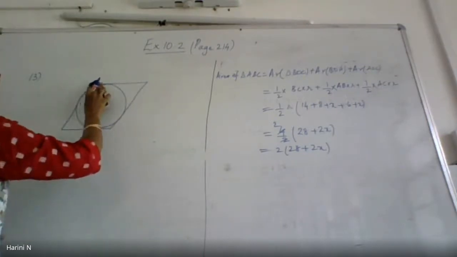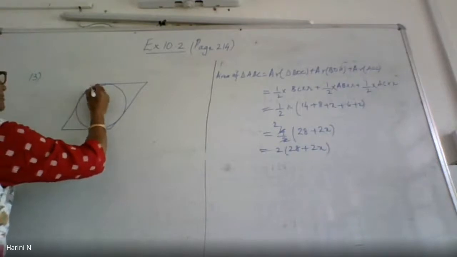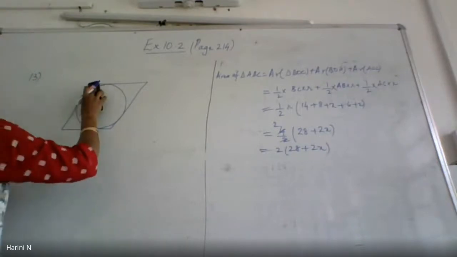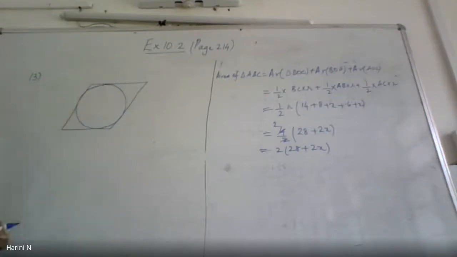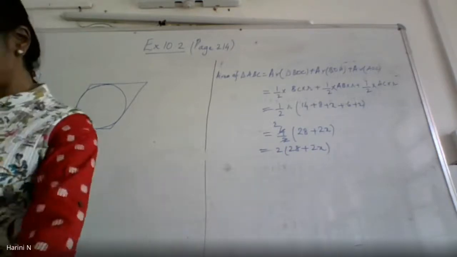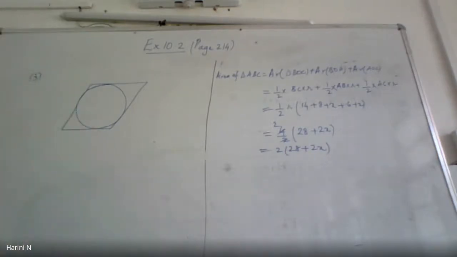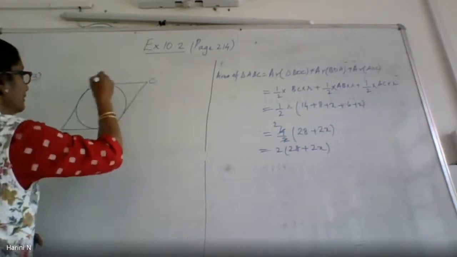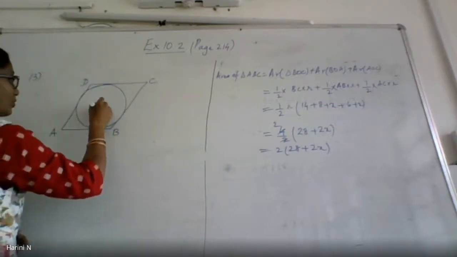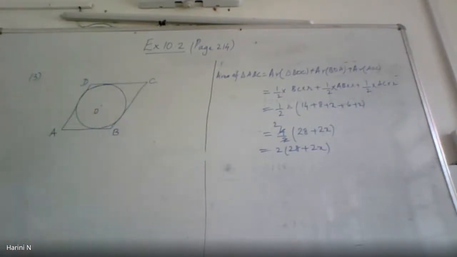Usually draw the circle first so that you are able to join the sides touching the circumference of the circle to form the quadrilateral which is circumscribing the circle. So I will call this A, B, C, D, which is a quadrilateral. I call O as the center of the circle.